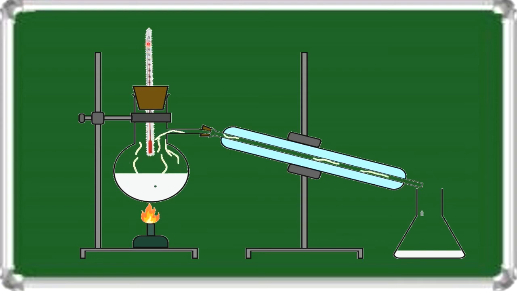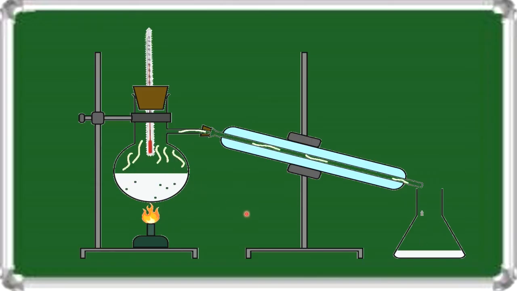Kaya nga may thermometer because in separating the mixtures or the components of the mixtures using distillation, kailangan, di ba, sabi nga, magkaiba ang boiling point. So, kailangan ma-monitor natin ang temperature of our mixture. For example, ang alcohol.